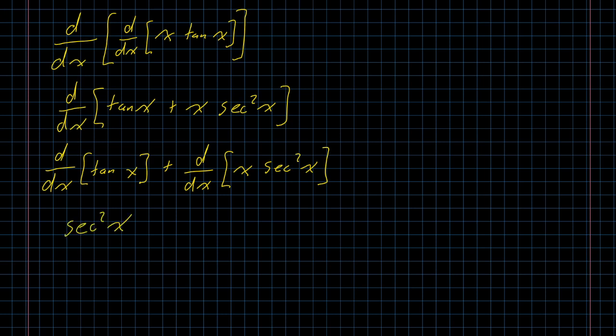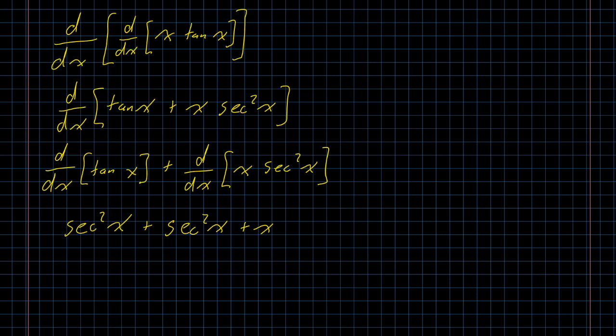We've already used that. To take the derivative of x times secant squared x, we're going to have to use the product rule. Derivative of x is 1 multiplied by secant squared x plus x times the derivative of secant squared. Right? That is a chain rule.